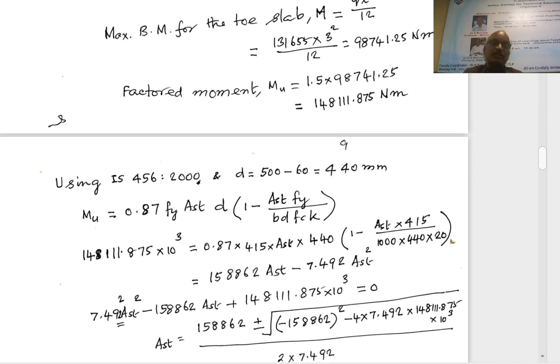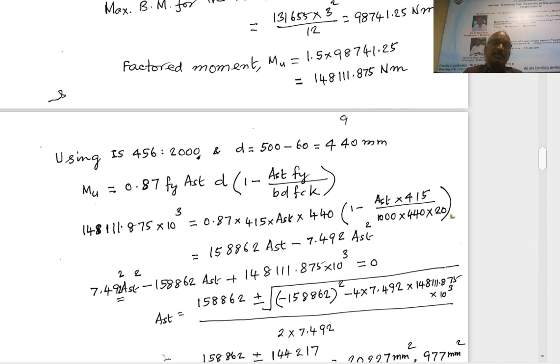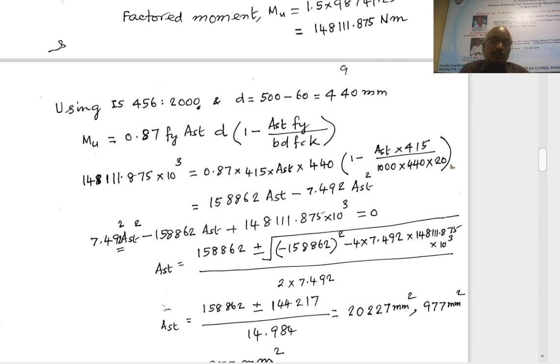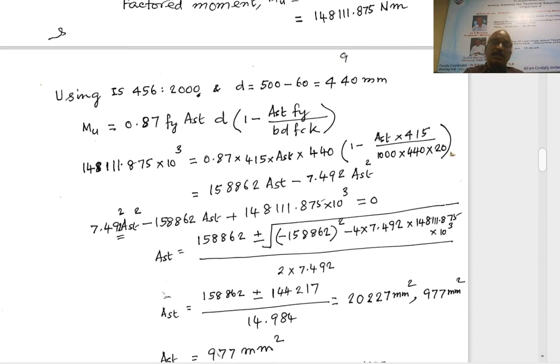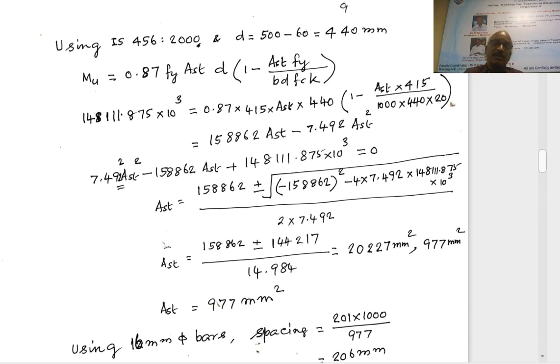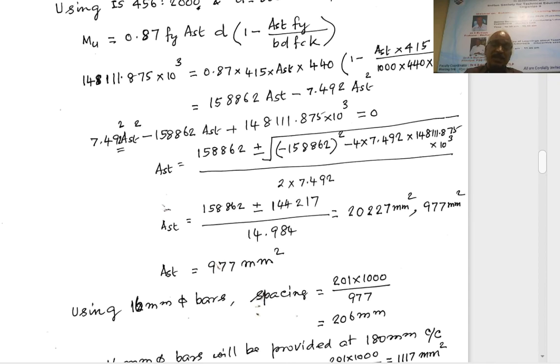So straight away find out the value of AST. Again, this is the usual formula available in the code book. So substitute the values, bending moment, AST, Fy, D is 440 mm, and the standard values, just substitute and calculate the steel as usual. This will not require any explanation.